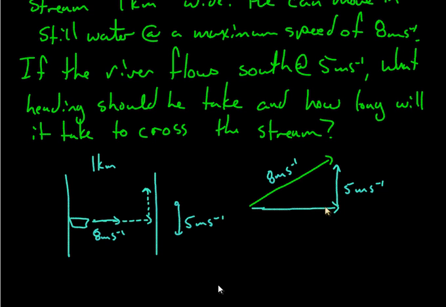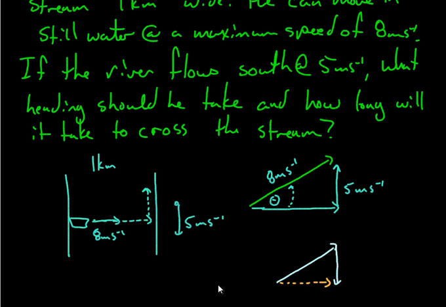So the first thing we need to solve for is what heading this guy has to take in order to travel straight across the stream. Just a little aside before we solve this. I've drawn this in the upward direction, but in reality what's happening is this. He's rowing here. The stream is going in this direction, and the straight across is actually the resultant vector that we're looking for in this problem.